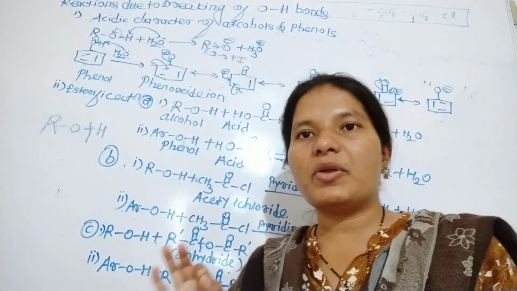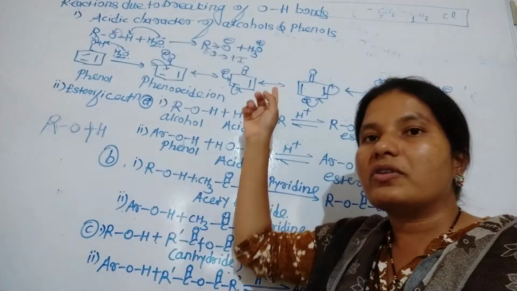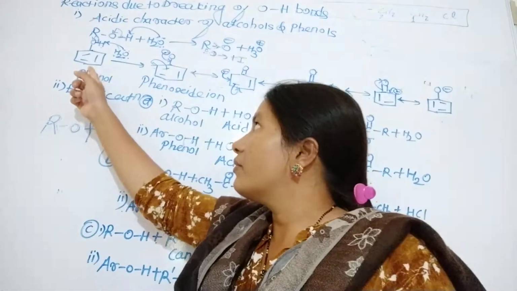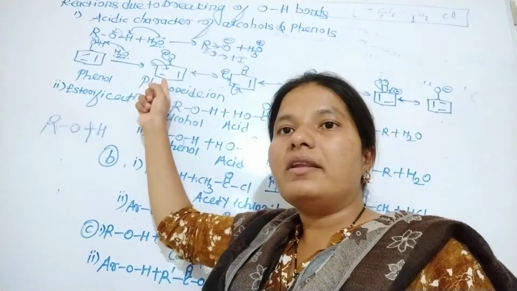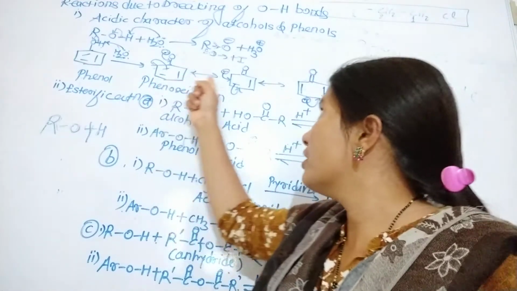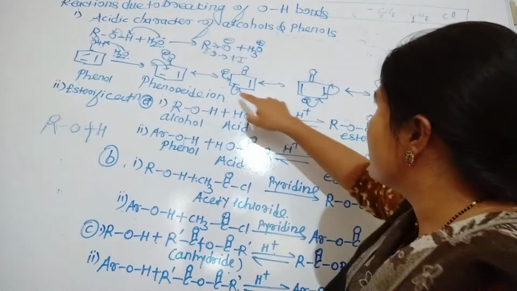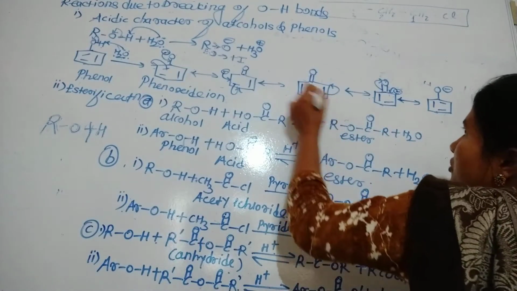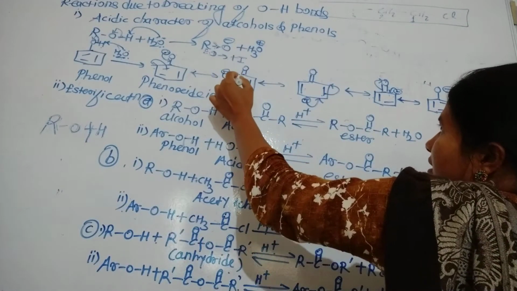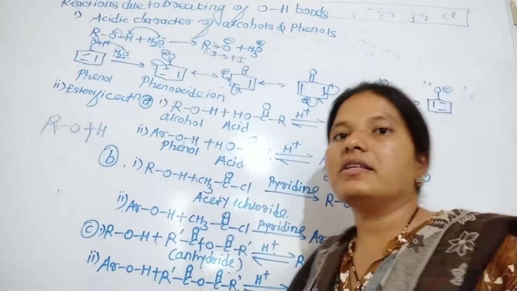You must remember one thing: I already drew the resonating structures for the phenoxide ion. The conjugate base of phenol is phenoxide ion, and it is stabilized by resonating structures like that. Stabilization takes place by conjugation of the pi bond, and your phenoxide ion is more stable.